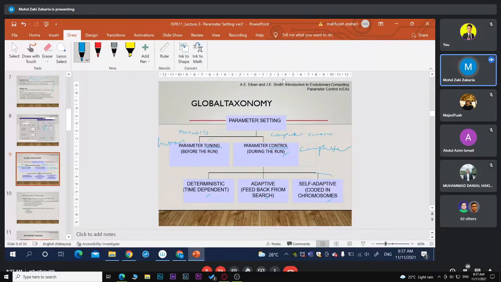Okay, this is the most difficult task compared to 1 and 2. This is the highest complexity compared to adaptive and deterministic. Clear? Explain later. Clear, sir.